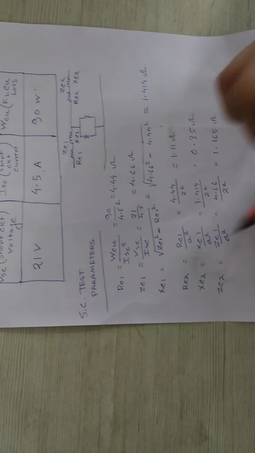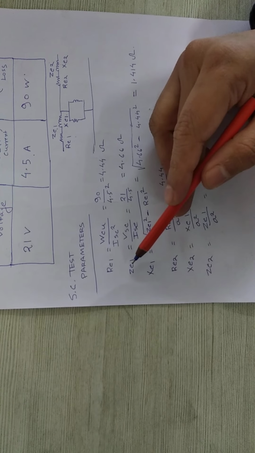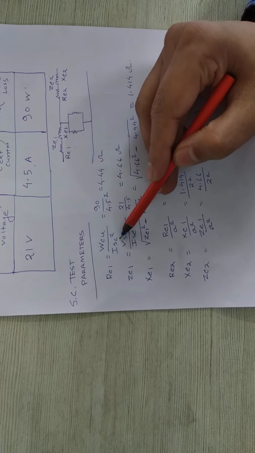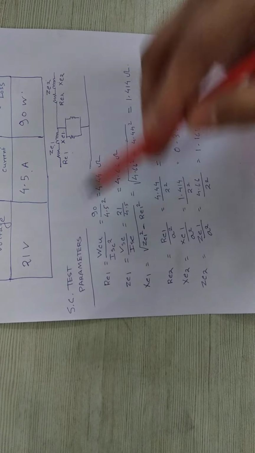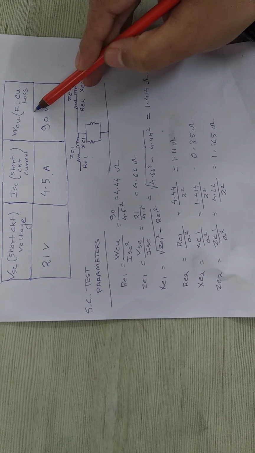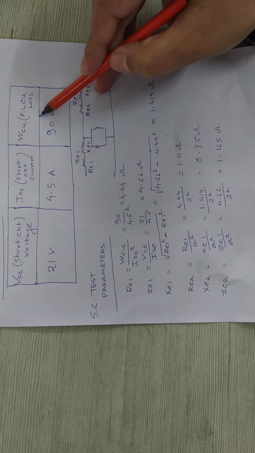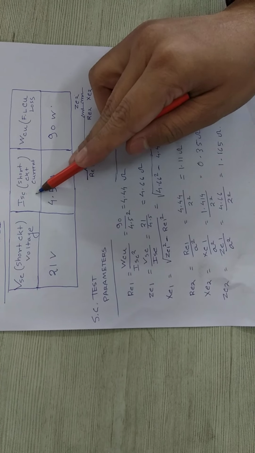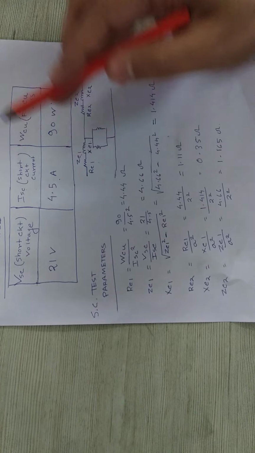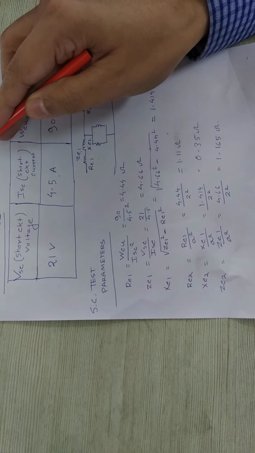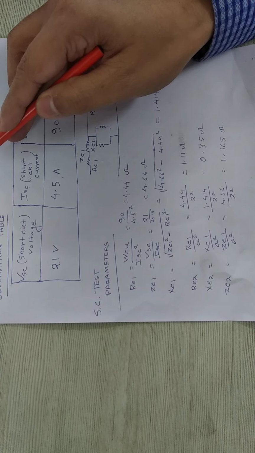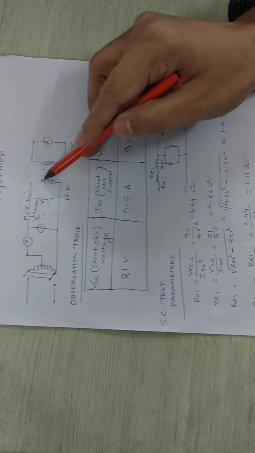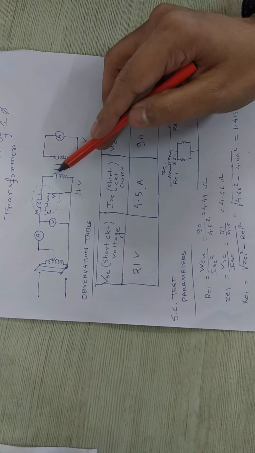So now we know that RE1 equals WCU by ISC square. WCU means the full load copper loss, that is equal to I square R loss, I means ISC square, and R means the primary resistance, that means the winding resistance of the primary winding, or the equivalent resistance of the primary winding, or the equivalent resistance referred to primary.